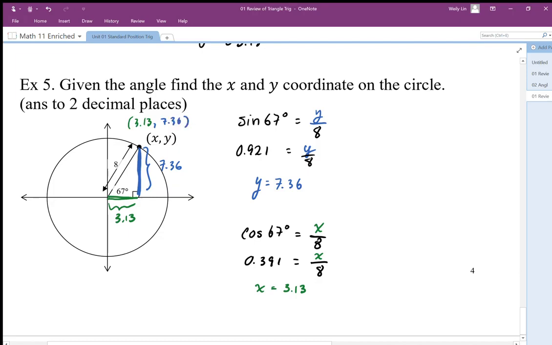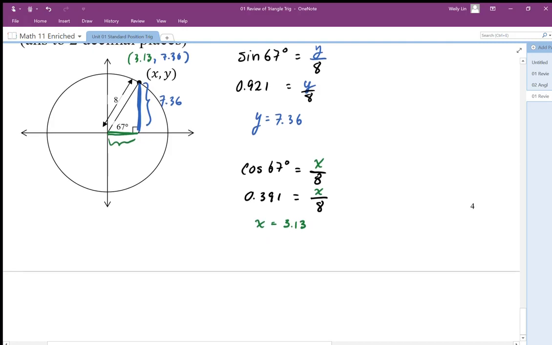Now the other option is I could have used Pythagoras to find that third length, and it would have looked like this. This is an alternative solution. I could say that x squared plus 7.36 squared is equal to 8 squared, and then solve for x.